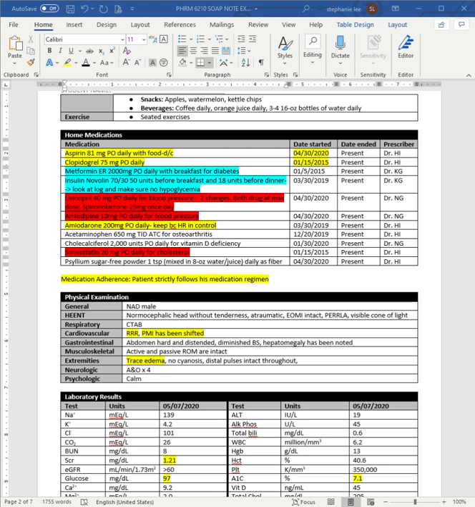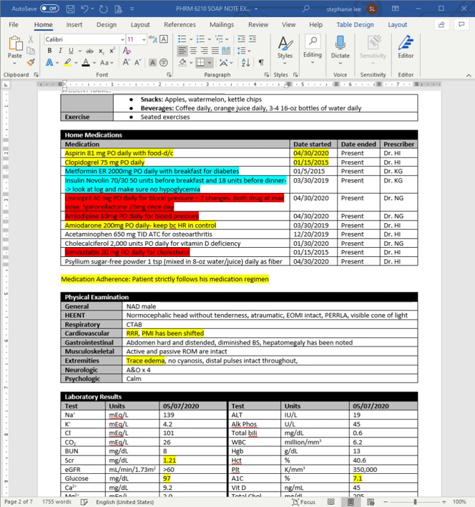With all the changes I talked about here, the changes I made under home medication would also go into the plan as well. For follow up, the things I want to monitor: first of all, I initiated warfarin, so INR, and then signs and symptoms of unexplained bleeding and bruising.